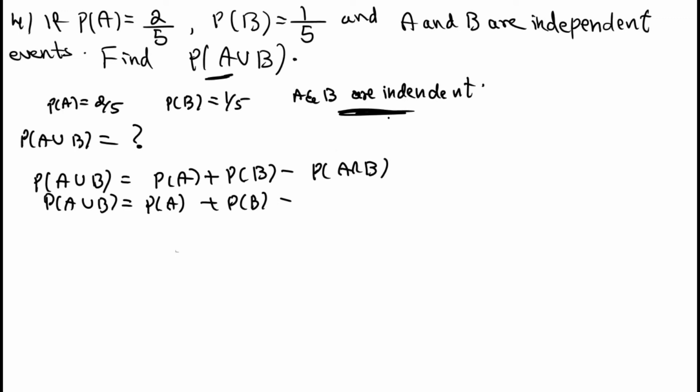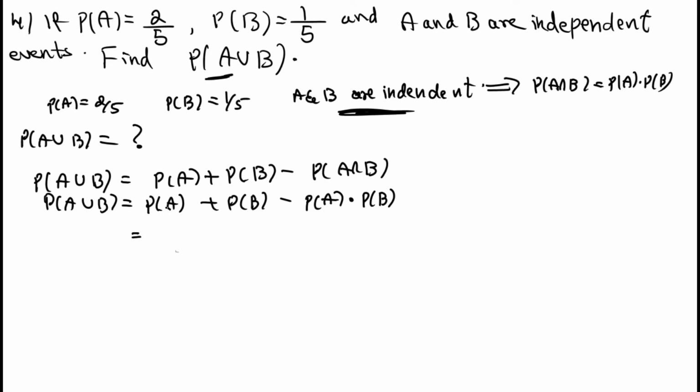We know A and B are independent means probability of A intersection B is probability of A into probability of B. Here I'll write probability of A intersection B is equal to probability of A into probability of B.